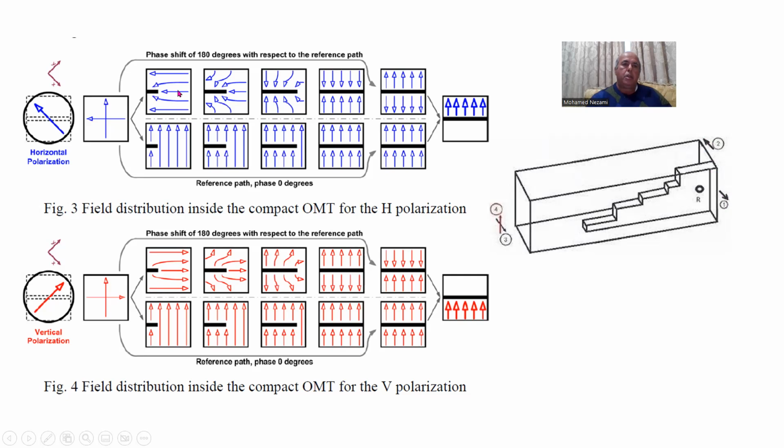And then you can see that once you go in, this component in here, the horizontal, starts splitting little by little until it gets completely split with 180 degrees apart, okay? And then likewise on the other side, look what happened to the vertical one. The vertical one comes in and splits all the way until it becomes basically two symmetrical halves of the E field.